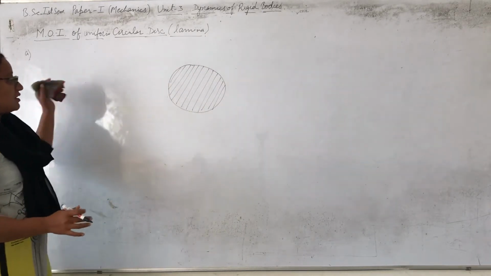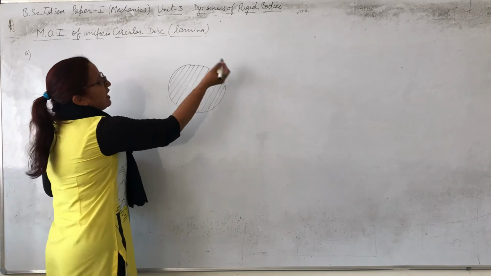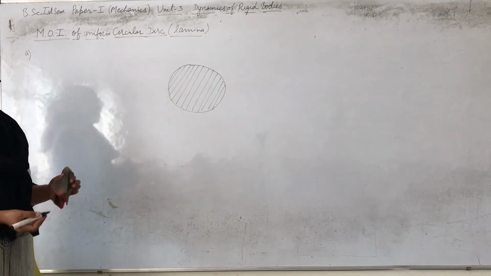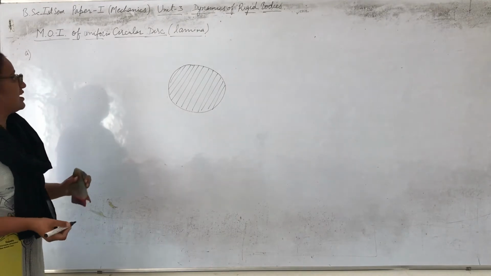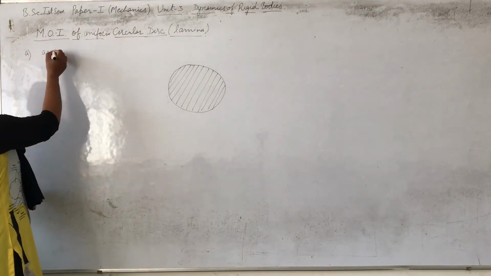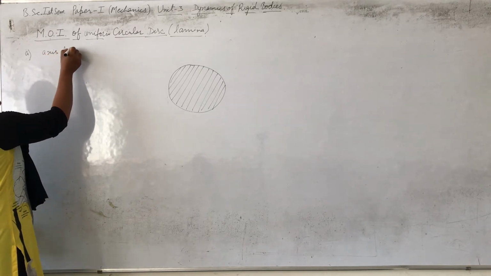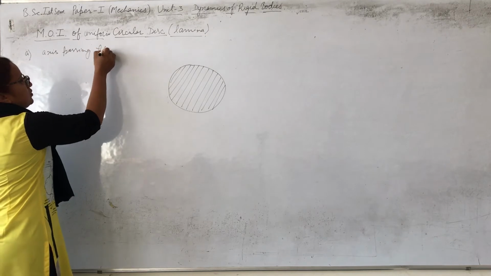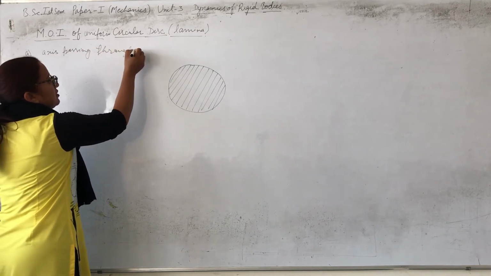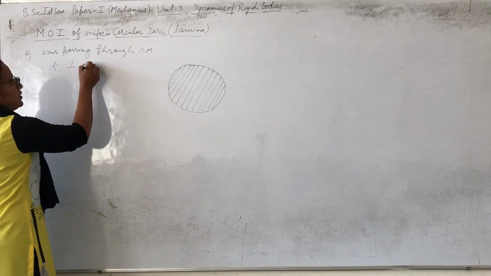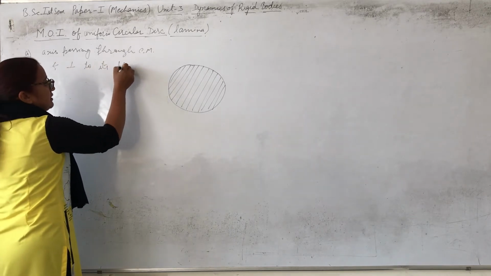Okay. Now again we have a choice of axis about which we want to calculate moment of inertia of the circular lamina. So we have this choice about an axis passing through center of mass and perpendicular to its plane.